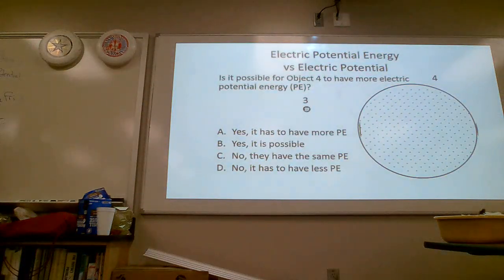Same scenario, different question. So we collectively add all those together and then divide them by how many electrons there are. Does that make sense?